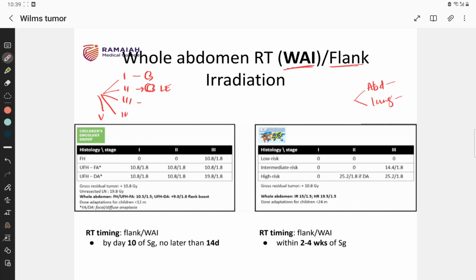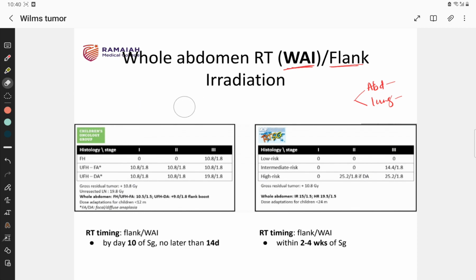Stage 3 is where there is intraoperative spill, or biopsy has been done, meaning tumor leakage into the whole abdomen. So you'll prefer flank irradiation where there is local extension, and you'll prefer whole abdomen RT where there is whole abdomen exposure like tumor spillage. So that was about the staging.